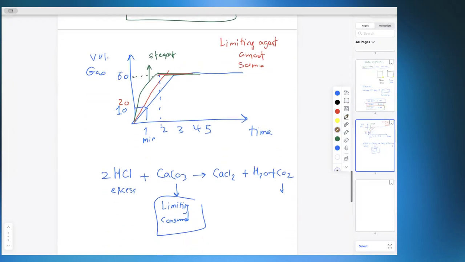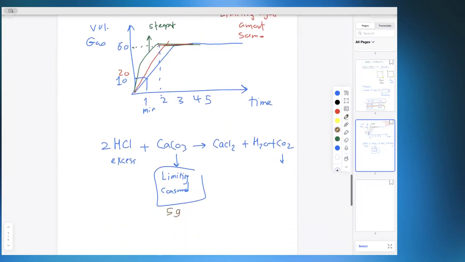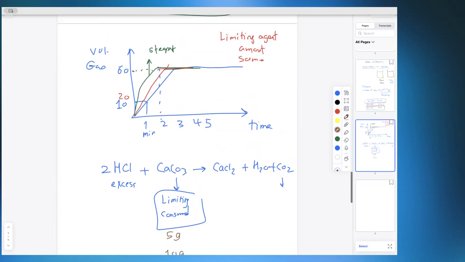So instead of having 5 grams of calcium carbonate, I have 10 grams. In this case, the volume produced, instead of having only 60 centimeter cube of the gas, I can produce, for example, 80. The numbers do not make any sense, by the way. I'm just making up the numbers.